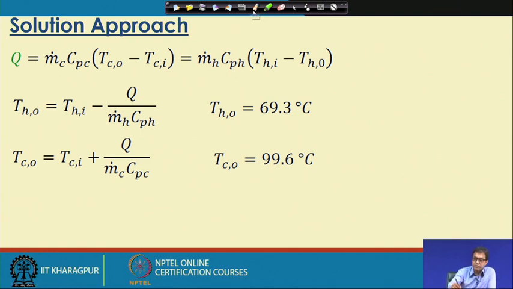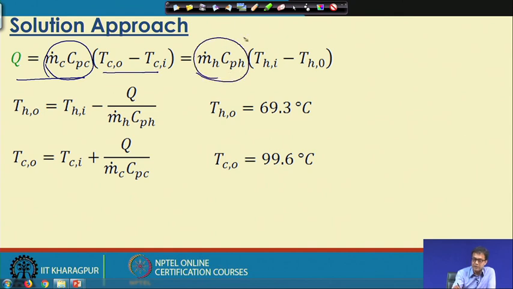For both the hot and cold fluid streams, the heat transfer is Cc multiplied by delta T c, and Ch multiplied by delta T h.